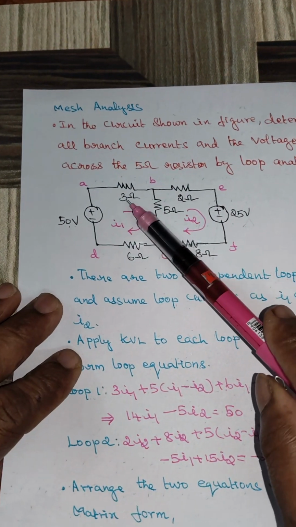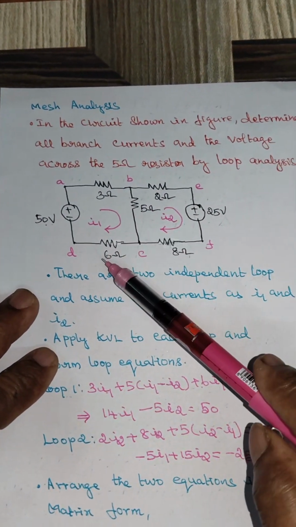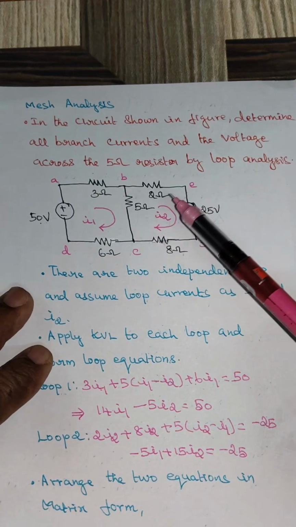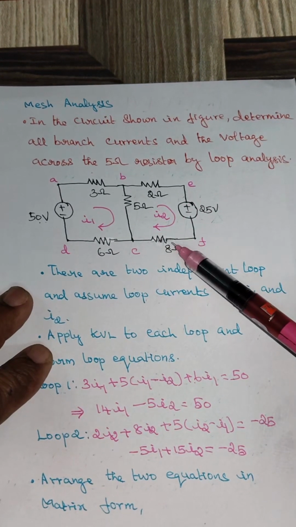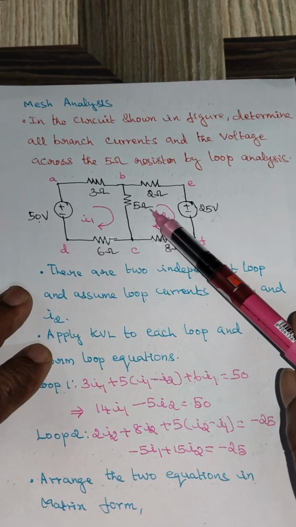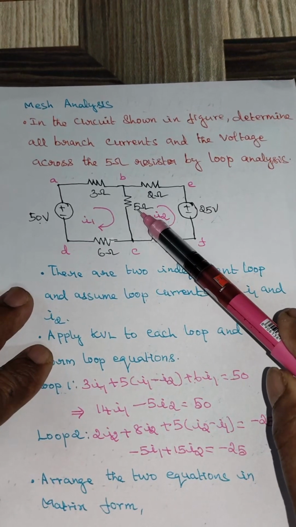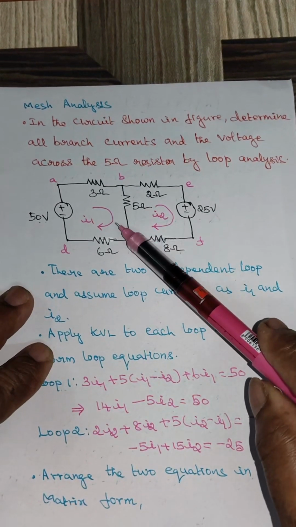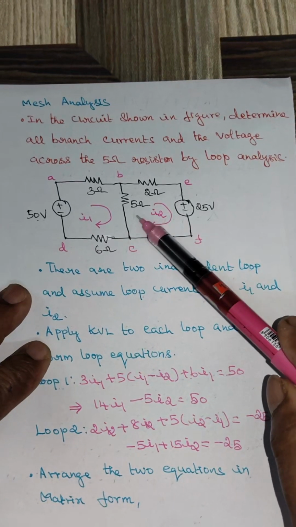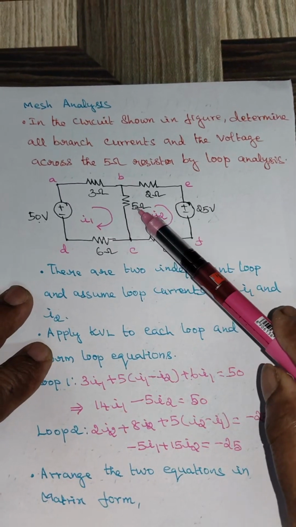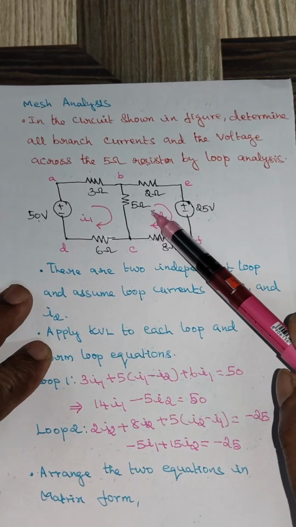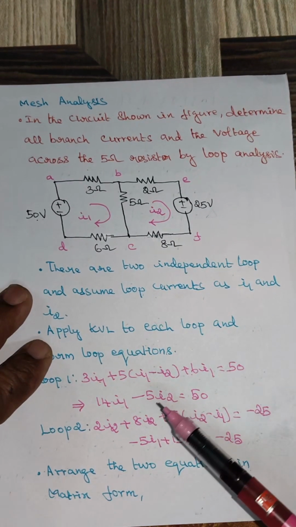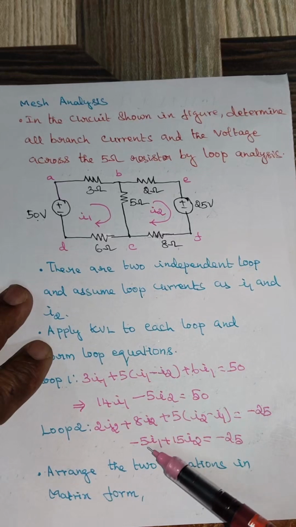Here the sum of resistances will be 3 plus 5 plus 6, and the sum of the resistances in loop 2 will be 5 plus 2 plus 8, and the common element between the two loops is 5, and the sign should be minus or plus. Here the two loop currents flow in opposite directions through the 5 ohm resistor, so it will be minus 5. Otherwise we can form the matrix using these two equations.